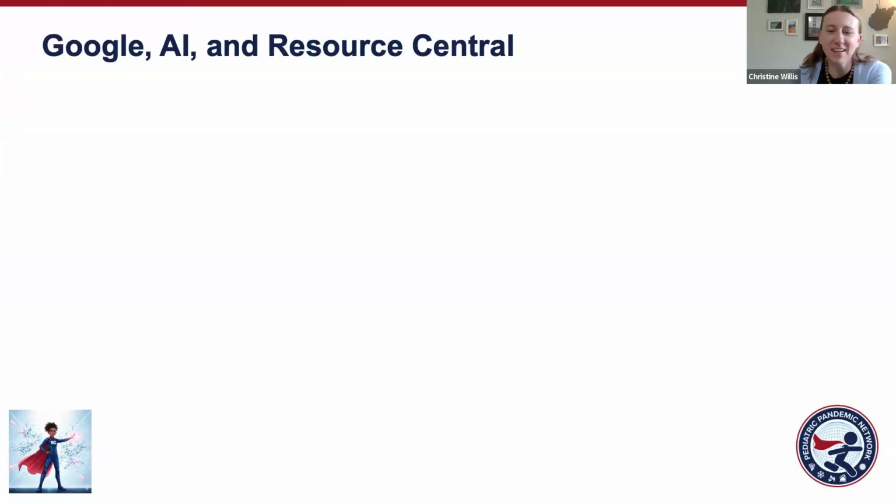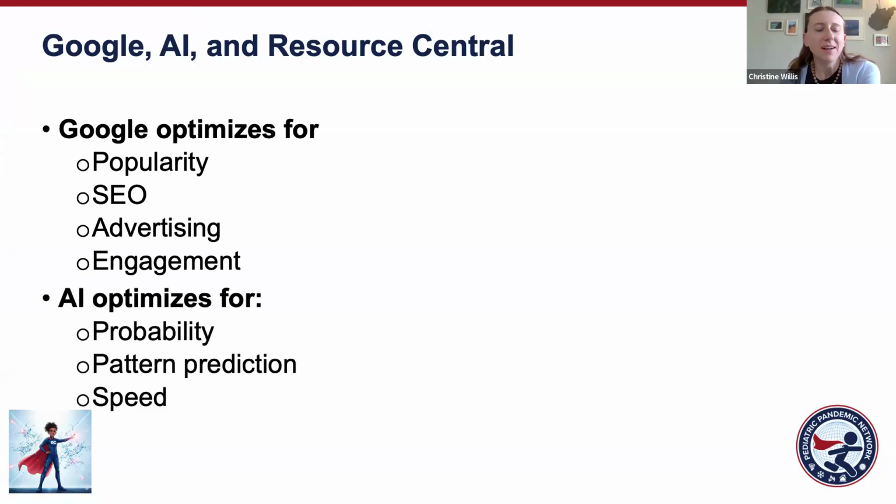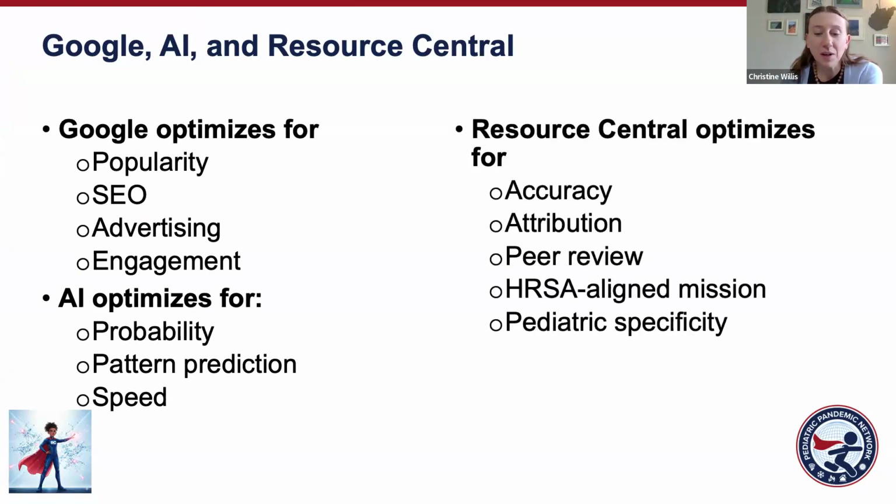So, as we've been sharing, and you likely know from your own experience, Google optimizes their search results based on popularity, search engine optimization, advertisement, and promotes results for engagement. AI has been trained to optimize for probability, pattern recognition, and speed. So users want the most likely, easiest to read, and quickest response, it seems.